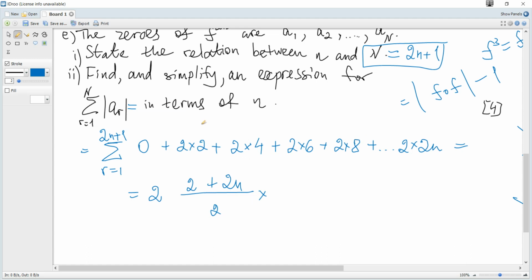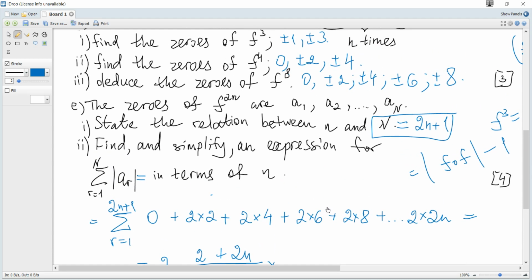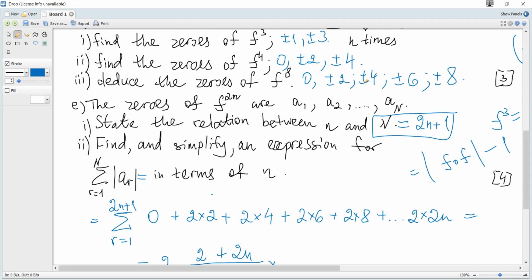And now we can see that it's the first term, the second, the third, and it actually looks like 1 times 2, 2 times 2, 3, so we can see that there are n terms. Or actually it's clear from here: if we consider 8 as 2n, n is 4, and if we don't take into account 0, we can see that there are 4 terms here.